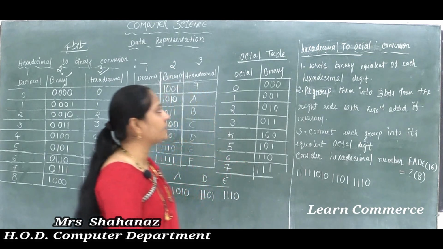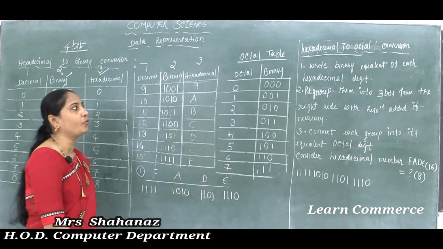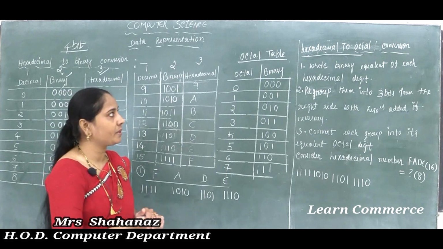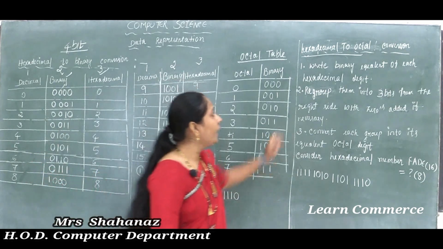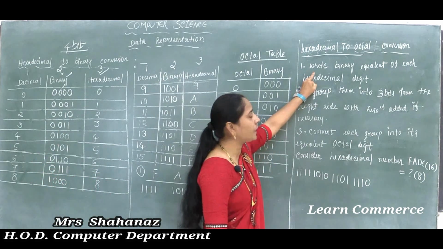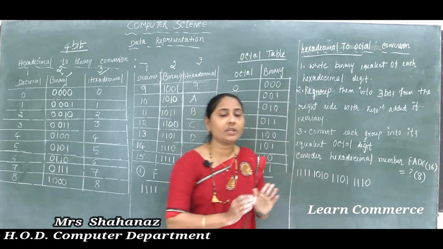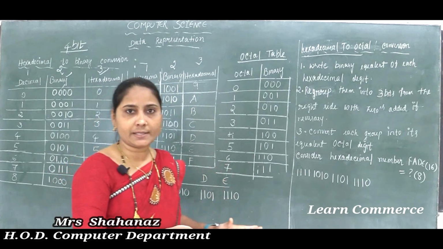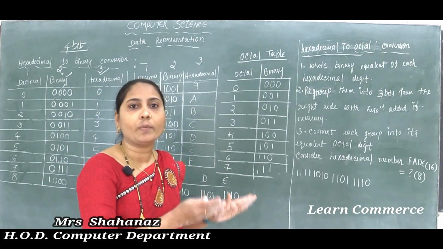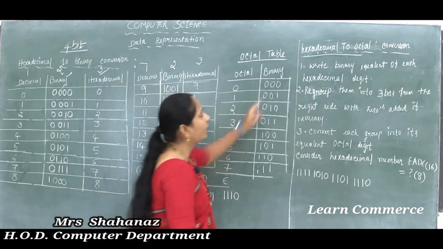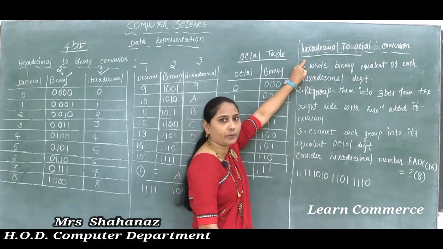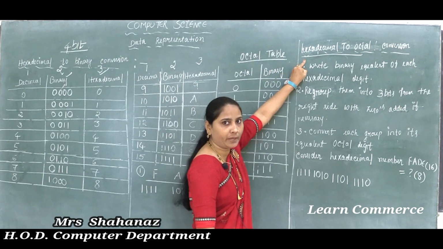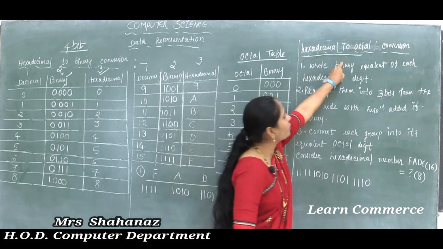So now let's see what steps we need to follow in our hexadecimal to octal conversion. For the first step there are no changes, only slight changes between our octal to hexadecimal conversion and our hexa to octal conversion. Now we just change the conversion name. The conversion name is hexa to octal conversion.